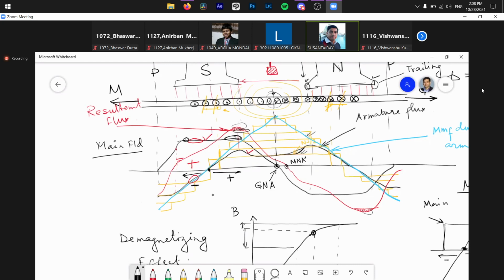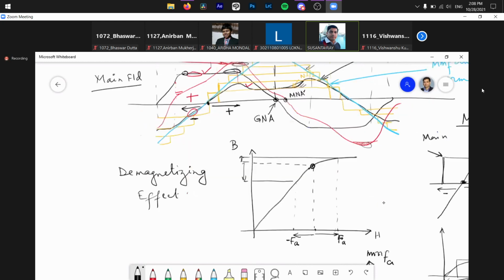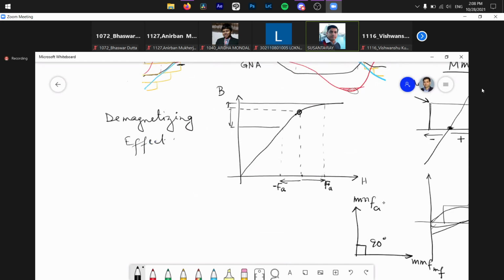So if the flux value is increased, the flux density value also will be increased for a constant cross section, so therefore the losses will also increase. Got this point? I am not considering the frequency here.